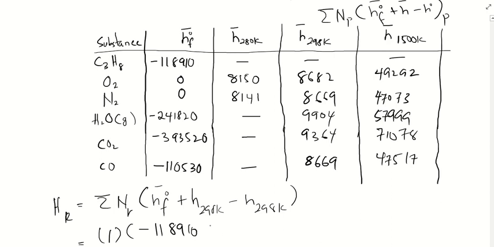This one is plus H298 Kelvin minus H298 Kelvin, so that's going to be 0.